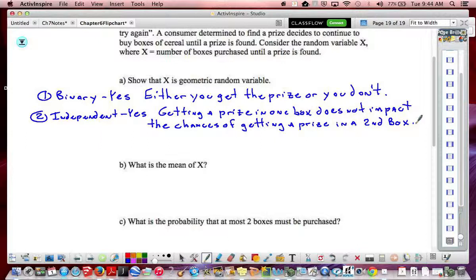A lot. Yeah, probably what, 100,000? Okay? So if 20% of them have prizes in them and you take one box away, does it change the probability that much? No. So if it's a smaller number, would it then change? Then you'd be worried about it.